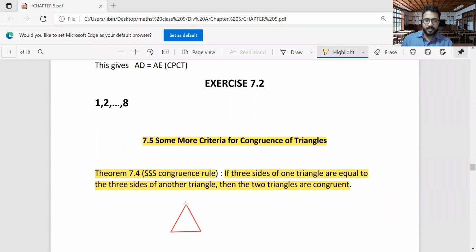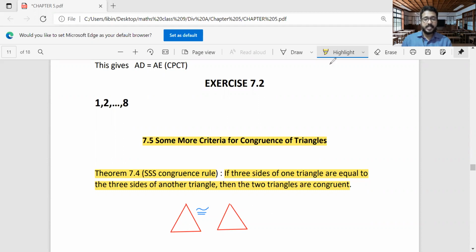Suppose you are given a triangle, and each side of the first triangle is equal to each side of the second triangle. Then we can say that these two triangles are congruent. That is what the SSS congruence rule states.